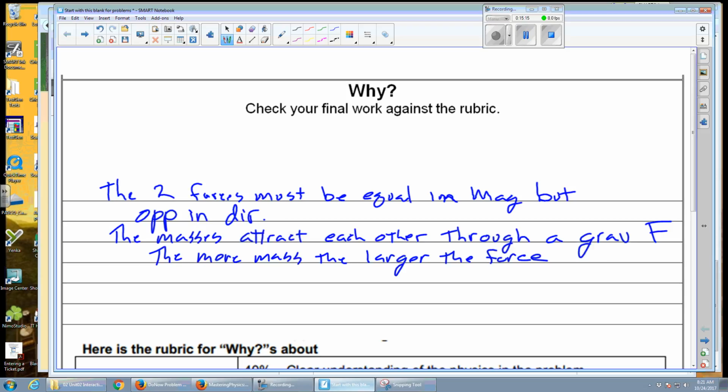It'd be less, right? You know, this is a great time to check your Ys, and if you miss things, add them in, or pat yourself on the back as you check off that you had things like this. Less force.